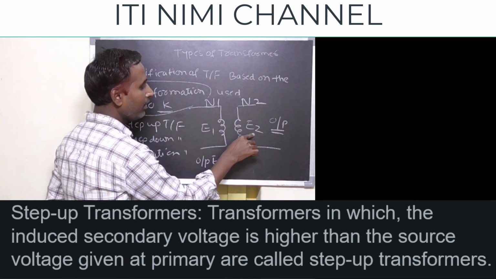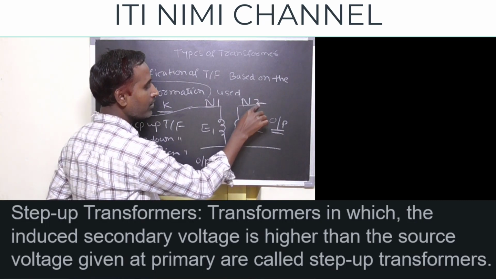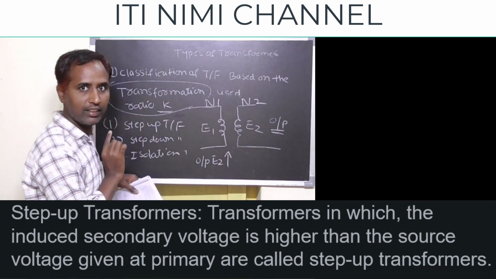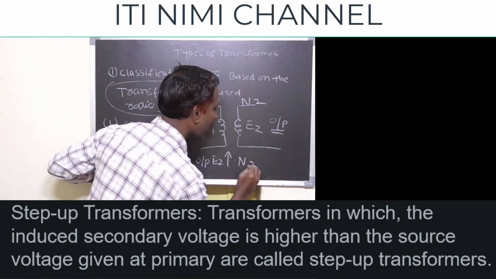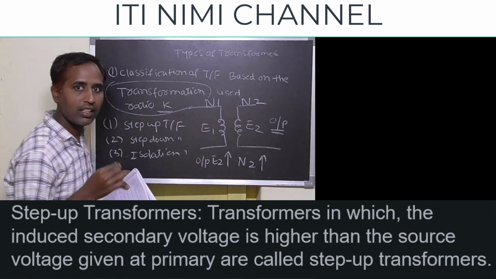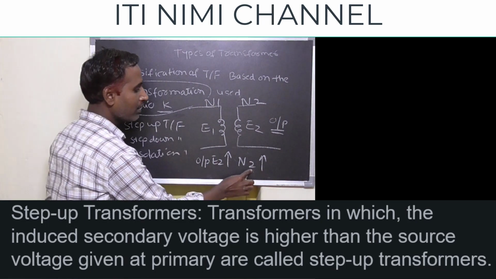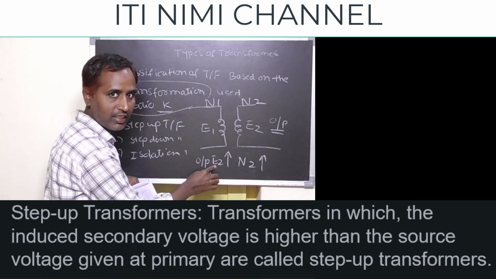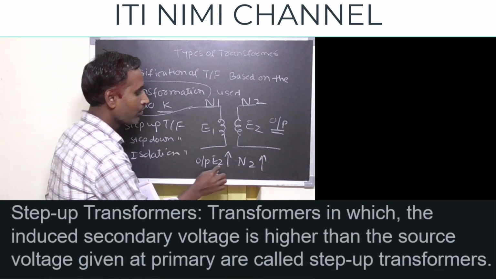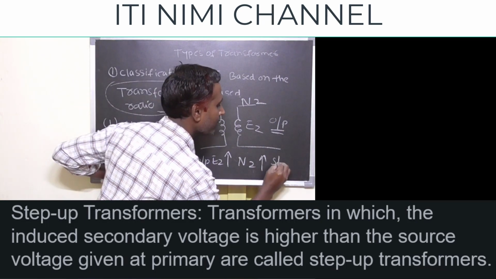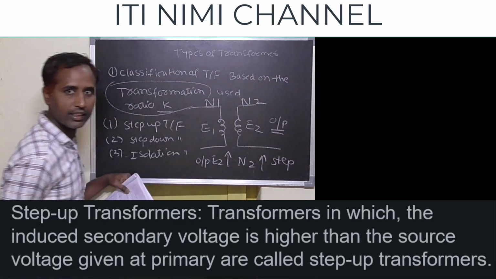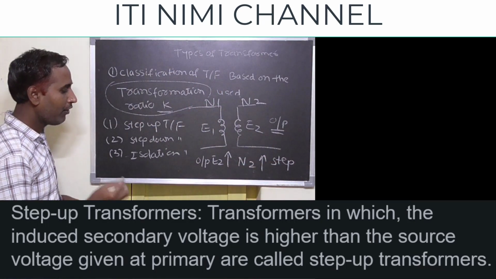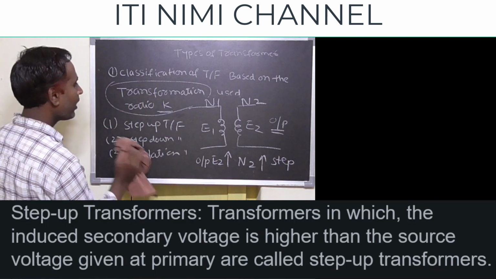For E2 to be high, N2 must be high. If the number of turns is increased, automatically the induced voltage on the secondary side is increased. So we will say it's a step up transformer. How will we decide this? How to write this one?